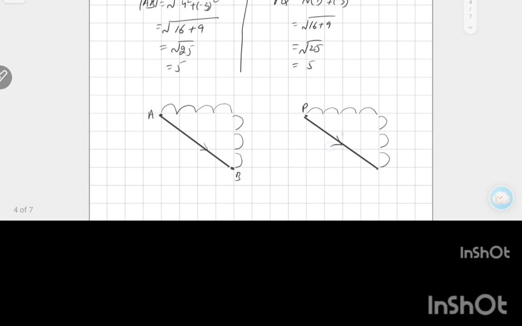Okay, this is our P and Q. Dear student, hopefully you can understand this one, how we understand this one. You can find it this way. You can understand these two vectors. So we say that these two vectors are equal vectors because they have the same magnitude and same direction.